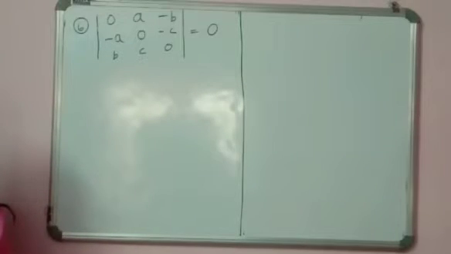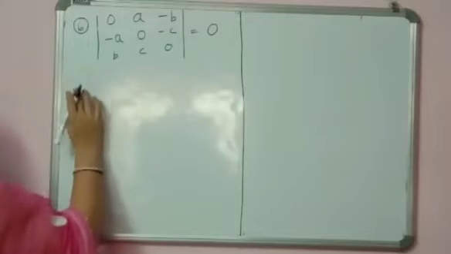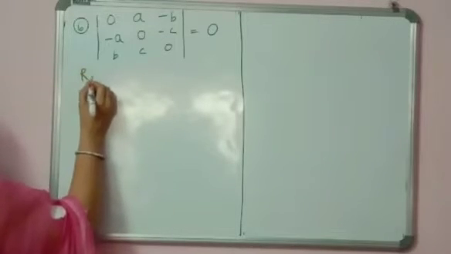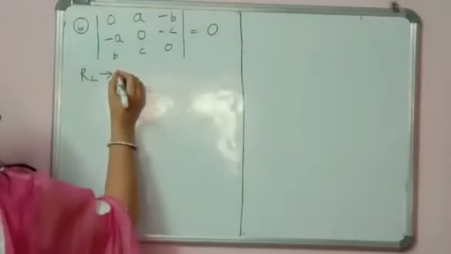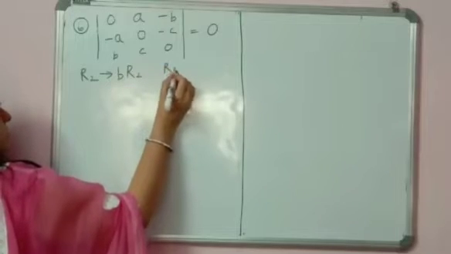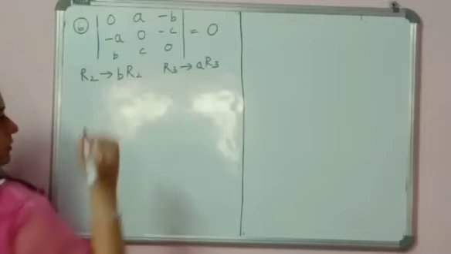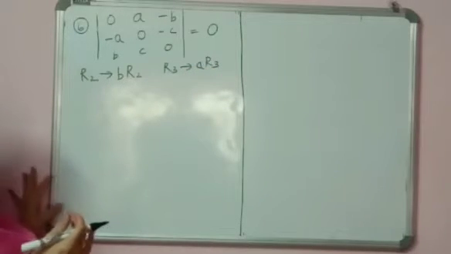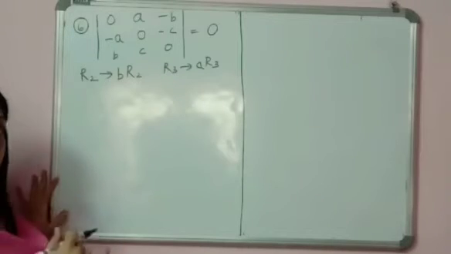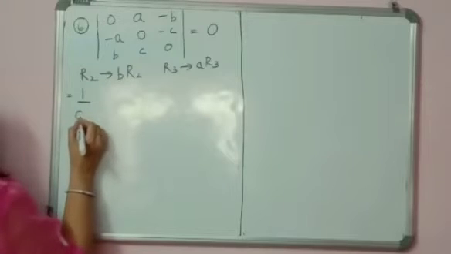Okay, so you can multiply these rows by this A, B and C. So let us multiply, or you can write it, change R2 to B times R2 and R3 to A times R3. Okay, but if we are multiplying any term in the determinant, you have to divide also. So we have to divide this by AB.